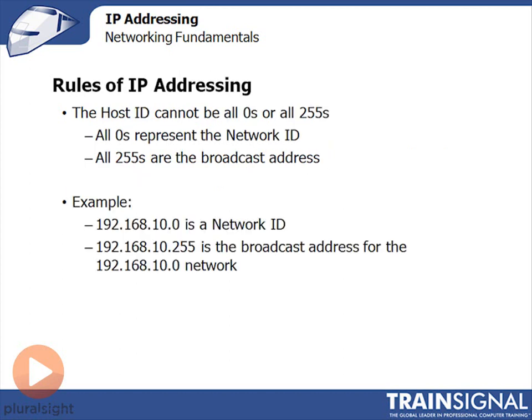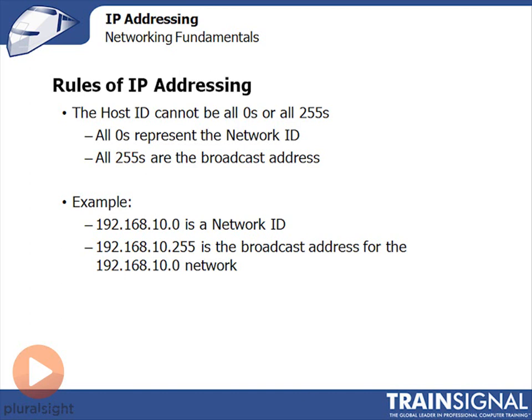So some more rules. Don't you love rules? Another rule of IP addressing concerns the host ID. The host ID portion of an IP address cannot be all zeros or all 255s, and again, remember, anywhere you see all 255s, that actually means all ones.